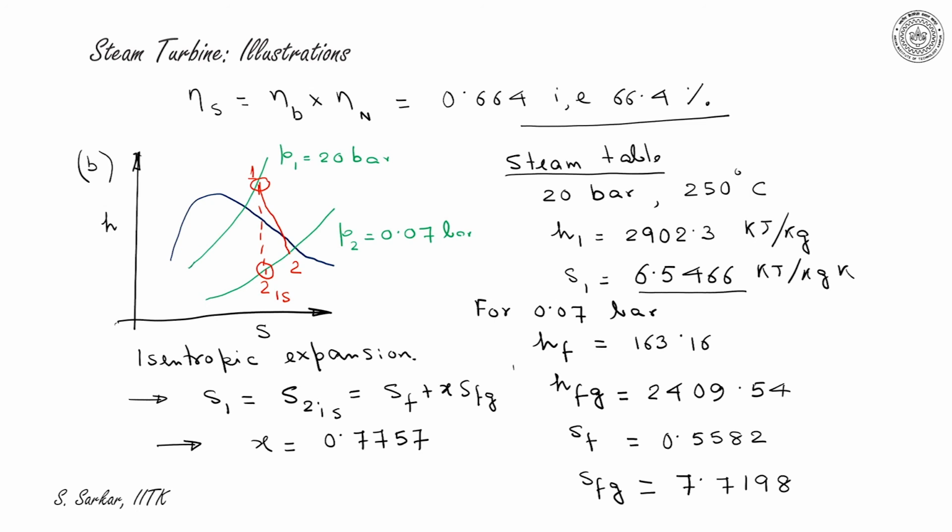As you have got X, you can calculate H2IS, that is enthalpy at the end of isentropic expansion, which is HF plus X into HFG.